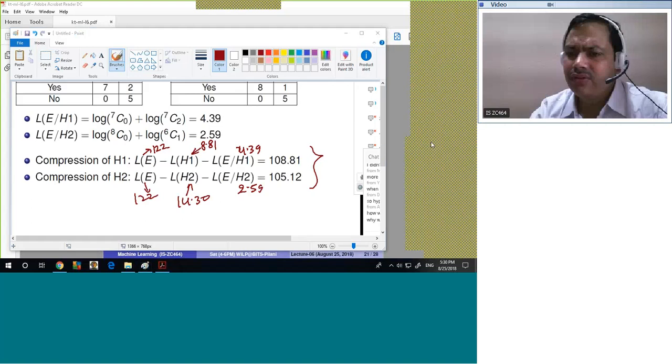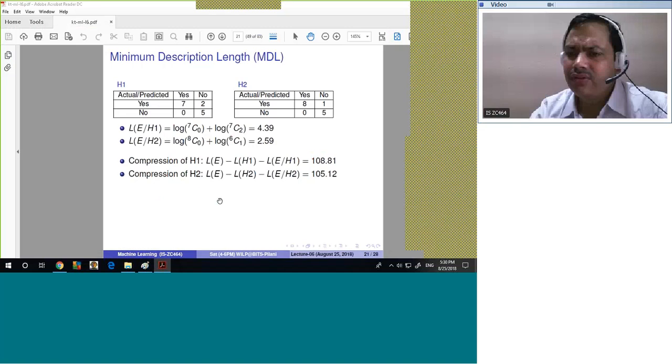From the information theoretical viewpoint, you are generating an algorithm, a hypothesis. Which hypothesis is better? Although the second hypothesis has less error, you are going to select hypothesis 1 from the information theoretical perspective, because it gives you better compression.